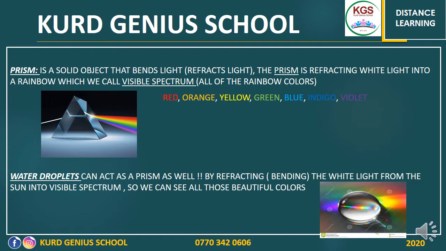While the sun is sending white light to us, your eyes cannot distinguish between all of those colors until there is a prism. Water droplets can act as this prism. That's why you can see a very nice rainbow.